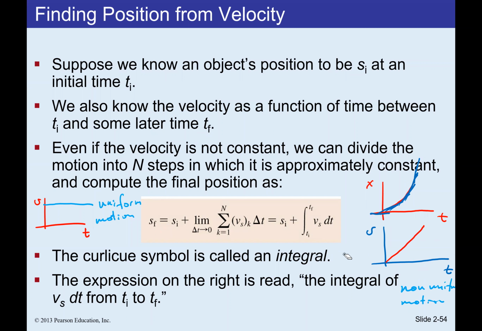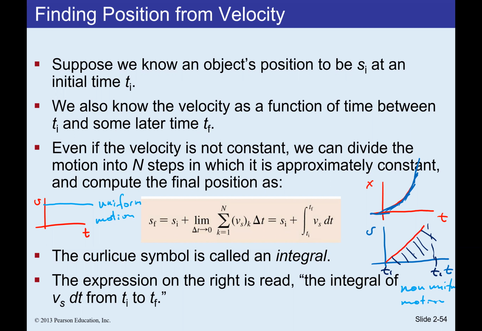All right, but also one thing we can do. Let's say I take this velocity versus time graph, and from t1 to t2, I want to know how I can use this information to find the displacement.